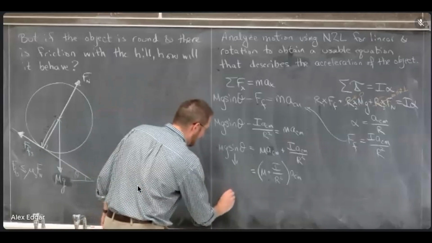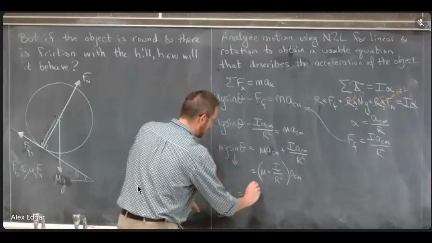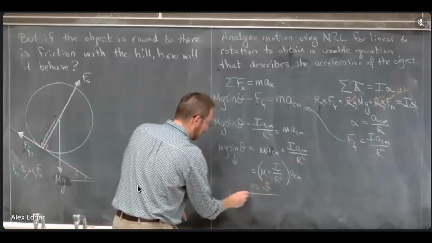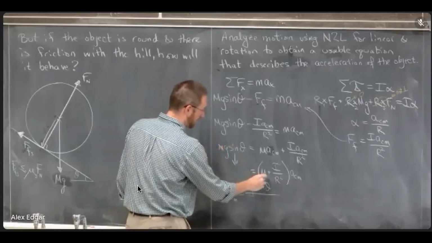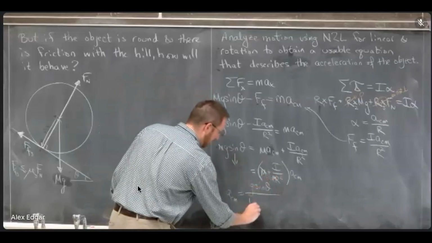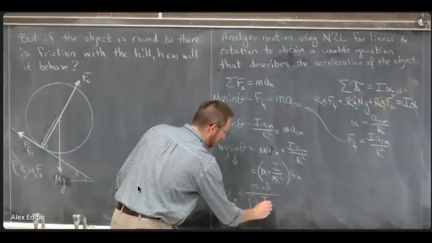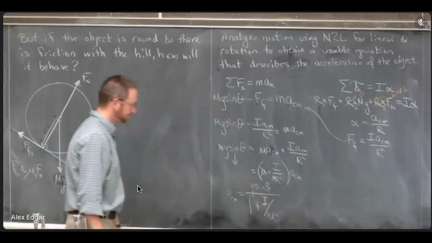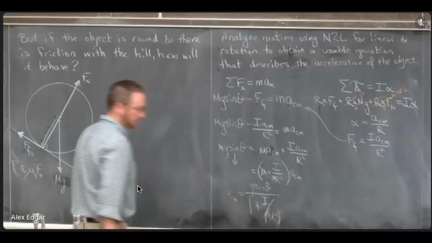So we end up with a center of mass equals g sine theta over, now if we divide everything by an m, we're going to divide an m there, so that cancels, we're going to divide m there, but then we end up with an m in the denominator down there. Then we're going to have 1 plus I over mr squared. Where if you've got numbers, you have to make sure that you put parentheses around that.